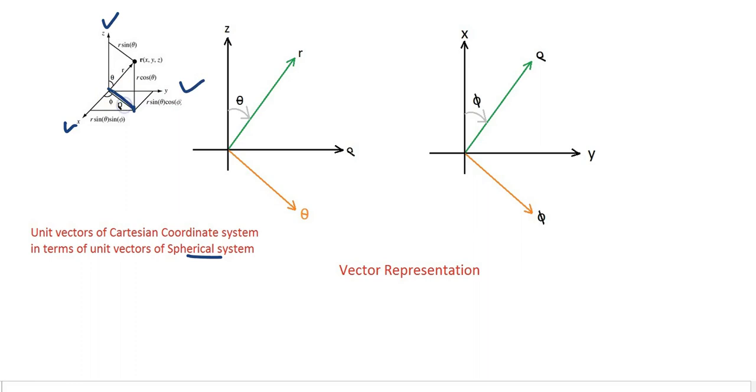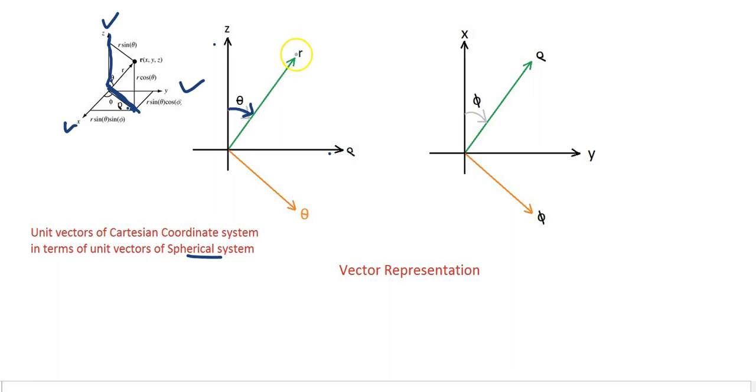You can understand this in the spherical coordinate system. So what happens here? I depict here z and rho. I depict this to represent theta and r very clearly. So this is your angle theta. So these will be the unit vectors.